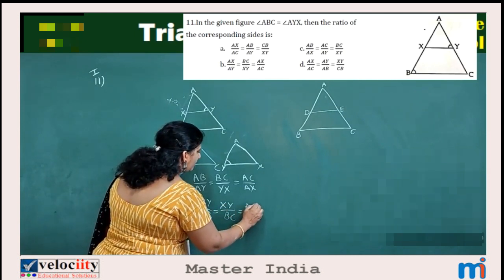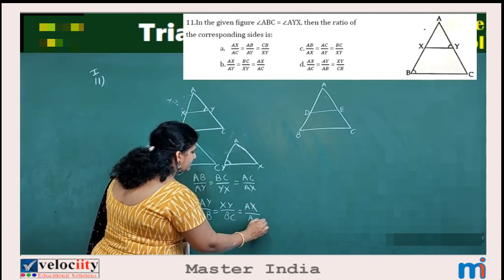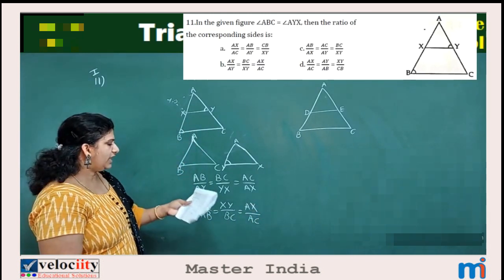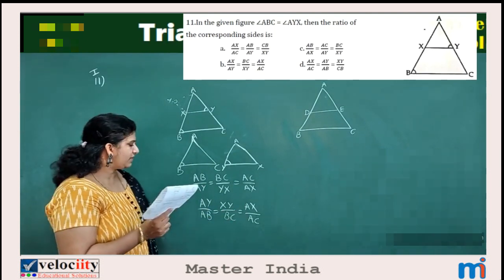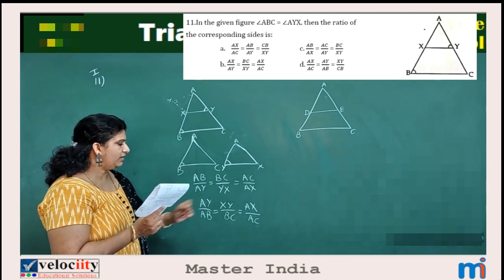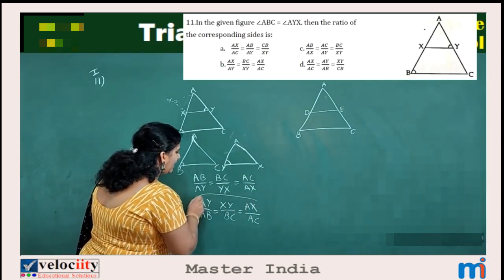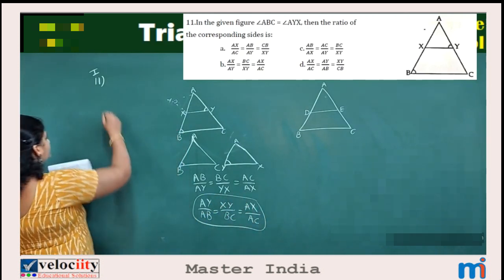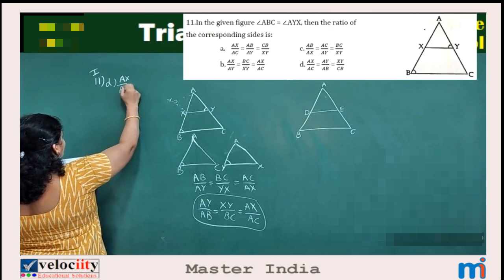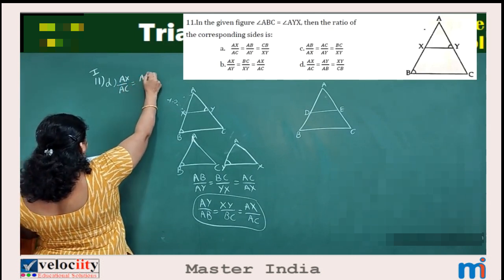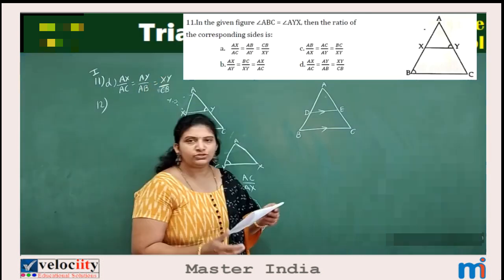You can write it is equal to AX by AC. Okay. Now see option D. AX by AC, AY by AB, XY by CB. Yes, this is the right answer. That is your option D.